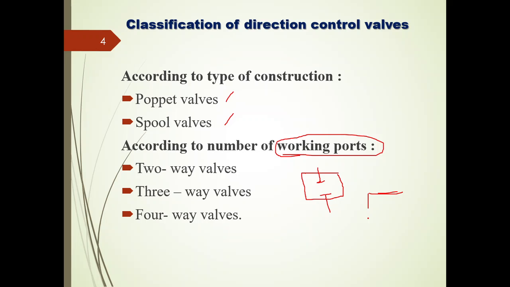Sometimes I may have three ports, one system port and the tank port. Sometimes I may have four in each position: two system ports, the pump port and the tank port. Depending upon how many ways or ports we use in each position, we classify the valve as two-way, three-way as well as four-way.